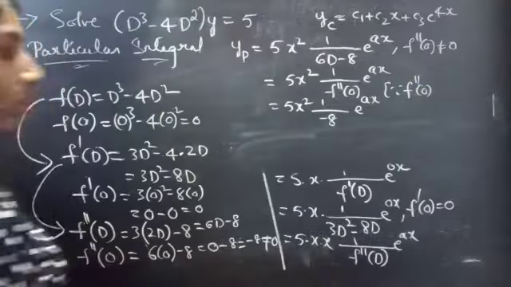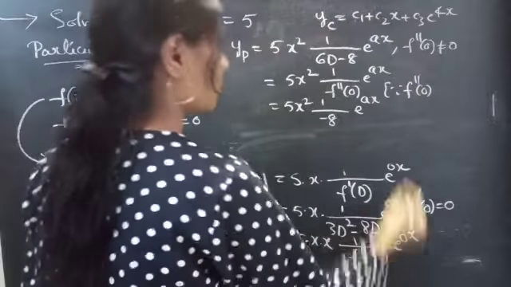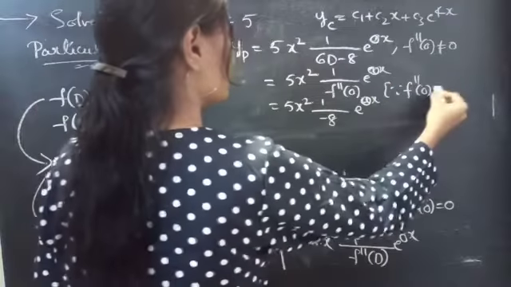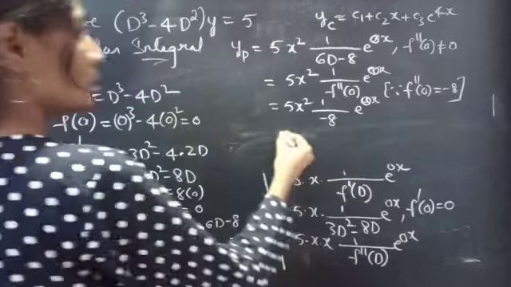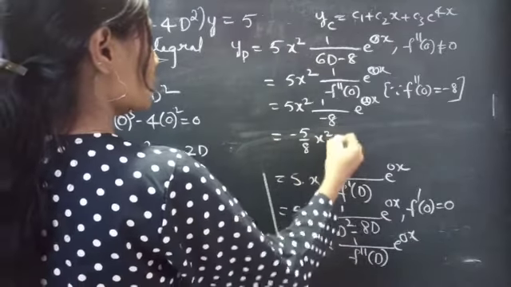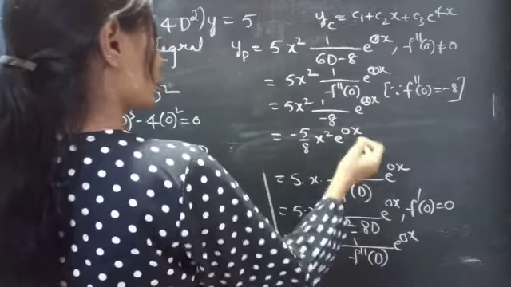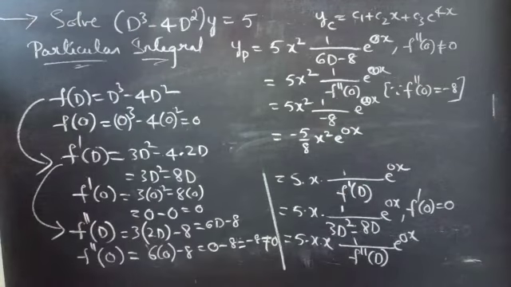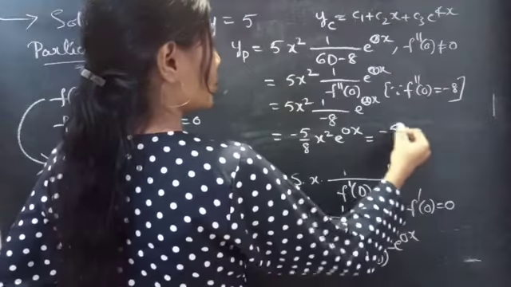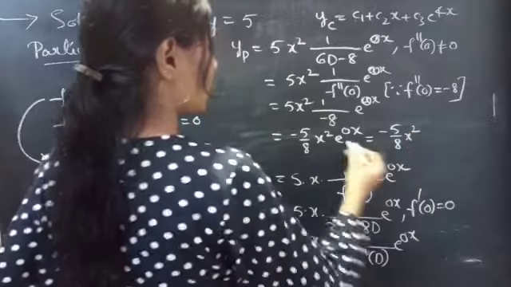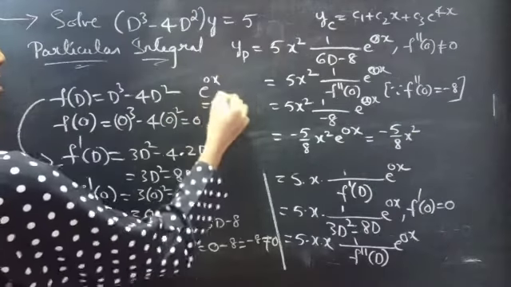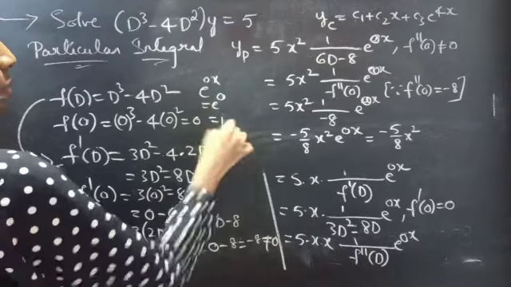This is 0, not a, okay? 0, 0, 0, 0, 0. Then we'll get minus 5 by 8 into x square e power 0 into x, which is equals to minus 5 by 8 into x square, since e power 0 into x is e power 0, which is 1, right?